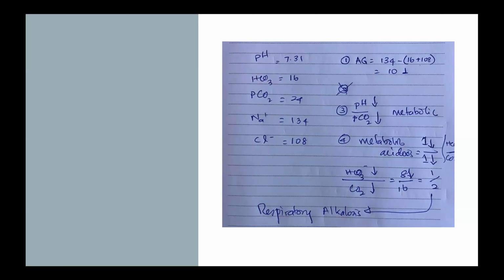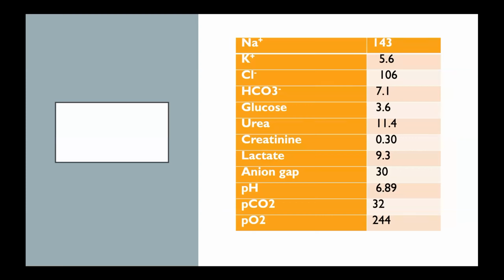So once again, another case, right? Sodium 143, potassium 5.6, chloride 106, bicarbonate 7.1, urea gradient, just leave it. And then they have given here the anion gap as 30.